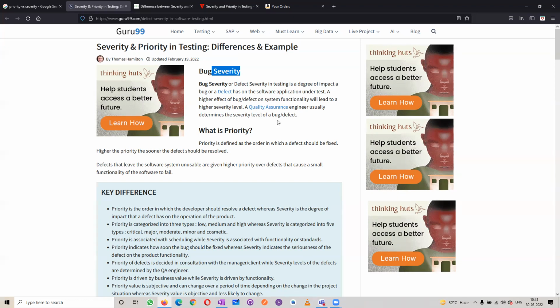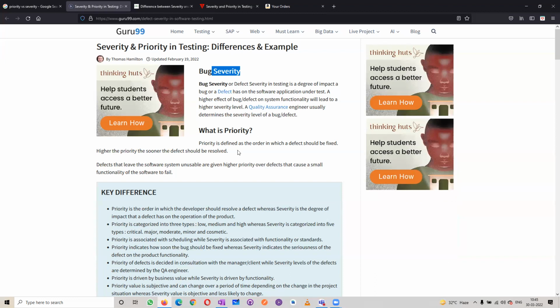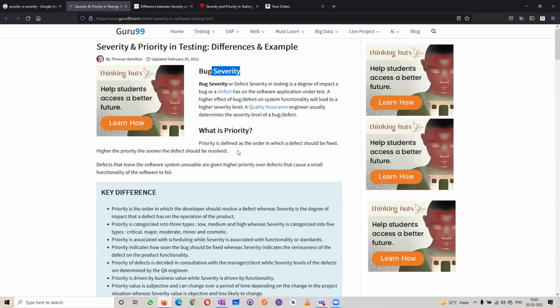Actually, in the hospital, they use codes for severity and priority. Code blue is a high priority. For example, if a bomb blast happens and a lot of patients come, they will leave whatever they are doing and attend from the reception. There are also code yellow, code green, code red.